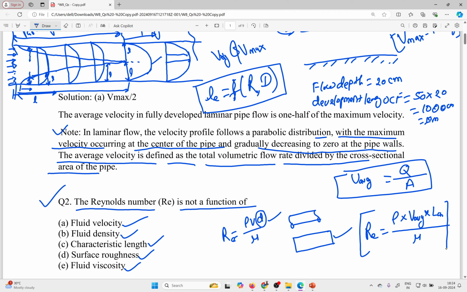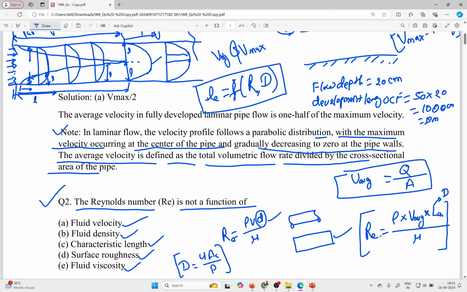So this is the complete one. Somewhere the notation may be different; somewhere it is defined by capital D. But here, your capital D is equal to what? 4 A_C by perimeter.